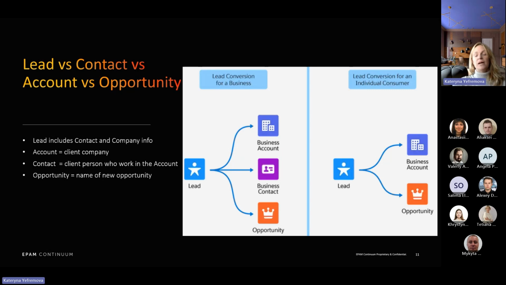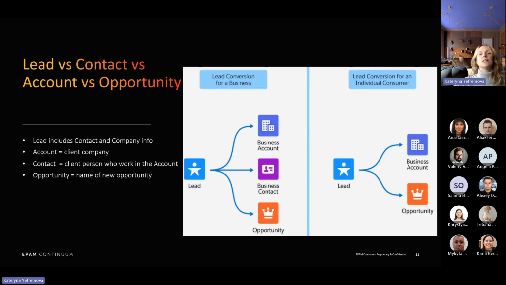So when we have a lead, we assume that we can contact and work with the lead, but usually we think that a lead is a person who has not provided us any information, any agreement, any consent that he wants to be our client in any way, right? Then when we move forward with the leads, we convert them.